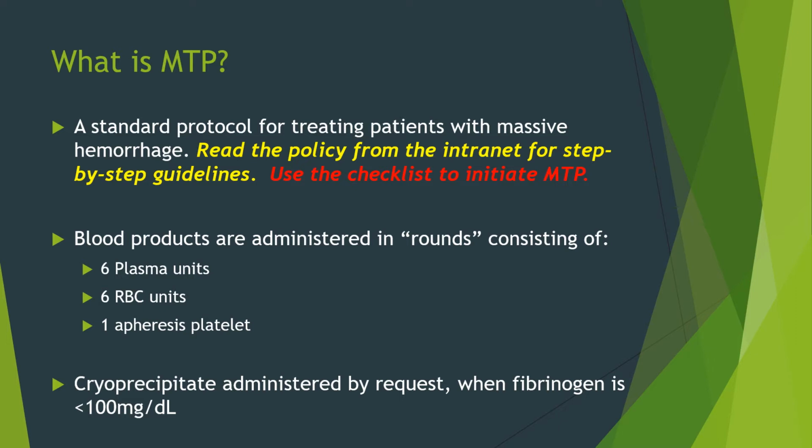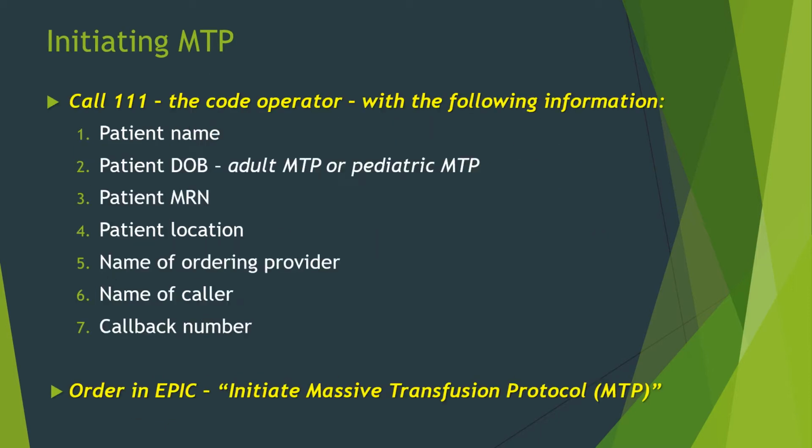In the obstetric population, the level is 200 milligrams per deciliter or less. Fibrinogen levels will drive cryoprecipitate, and cryoprecipitate will only be sent when requested by a provider at the bedside of MTP or suggested by the pathology department who is following our MTP progress.